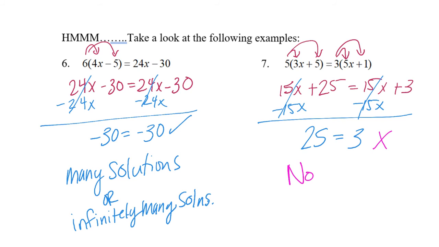So this is no solution, which means that no number that you plug in, sorry, I can't talk and write at the same time, no number that you plug in will make this work, no matter what it is. So that's what no solution means. And infinitely many solutions means there's many, many, many numbers that you could take and plug in for x, and that will make this work.